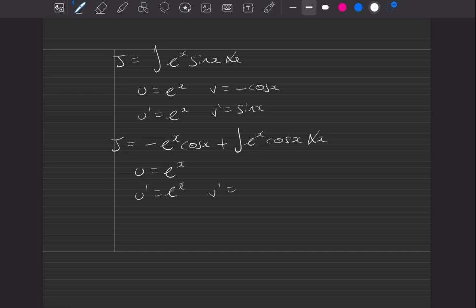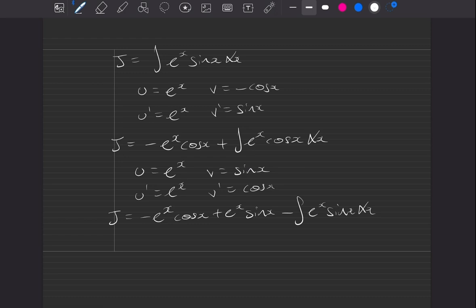V dash will be cos. V will be sine. So now when we stick that all together, j is equal to negative e to the x cos x plus uv, e to the x sine x. Take away the integral of u dash v, so e to the x sine x with respect to x.